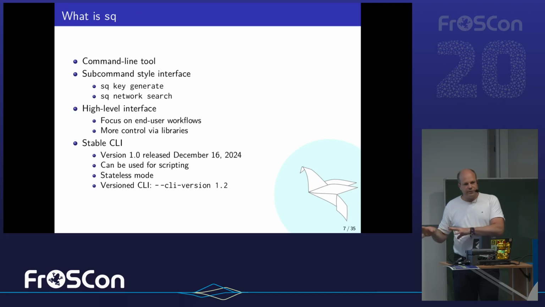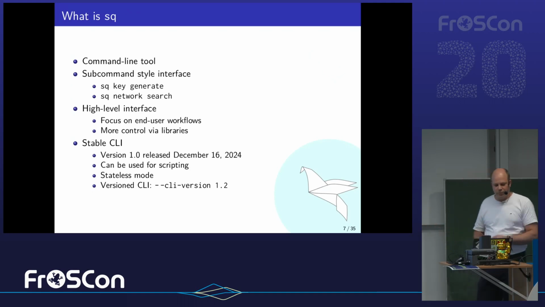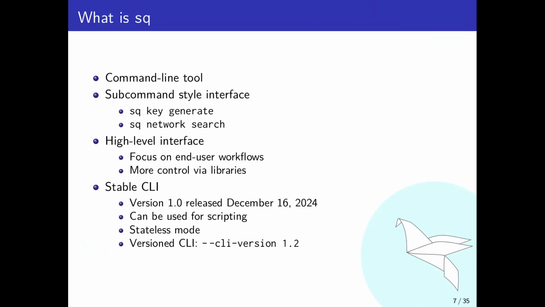Okay, so what is SQ? Now we're getting to the core of this talk. First of all, it's a command line tool, and it has a subcommand style interface. The subcommand style interface is nice because it does a nice partitioning of the argument space. If you have, for instance, an argument like recipient, that only makes sense in the context of certain commands.